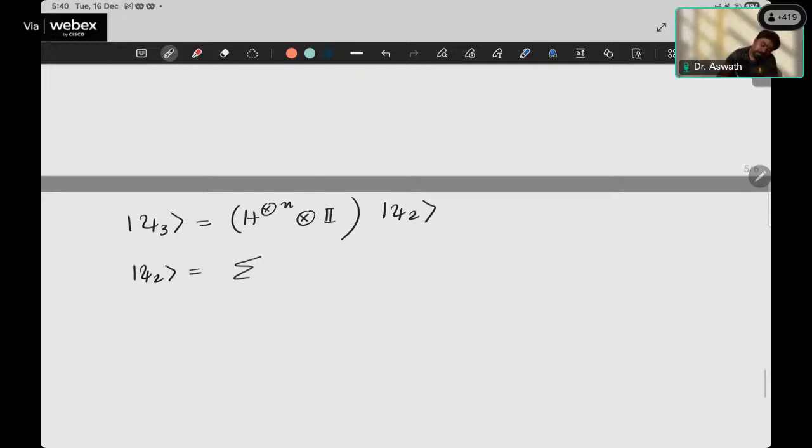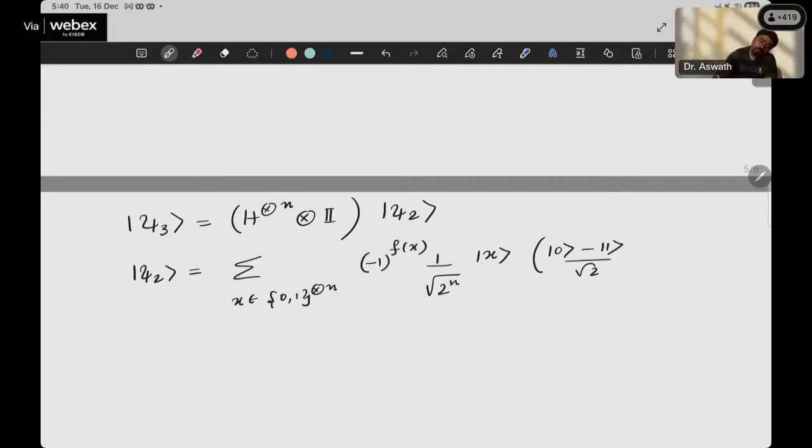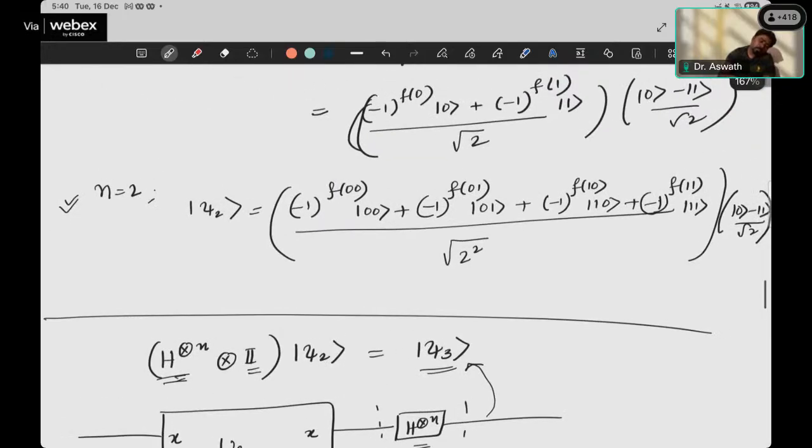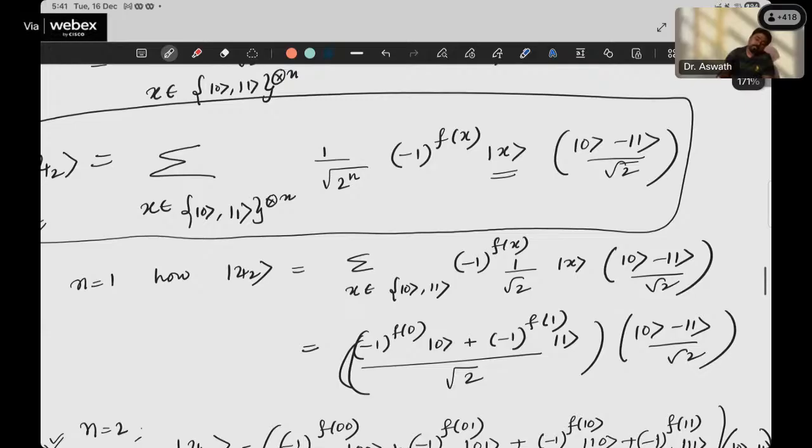Psi 2 is the summation over x belongs to 0,1 tensor n of minus 1 to the power of f of x, 1 divided by square root of 2 to the power of n, x ket, tensor 0 minus 1 ket divided by square root of 2. Have I missed anything? Let's check. No, nothing missed.